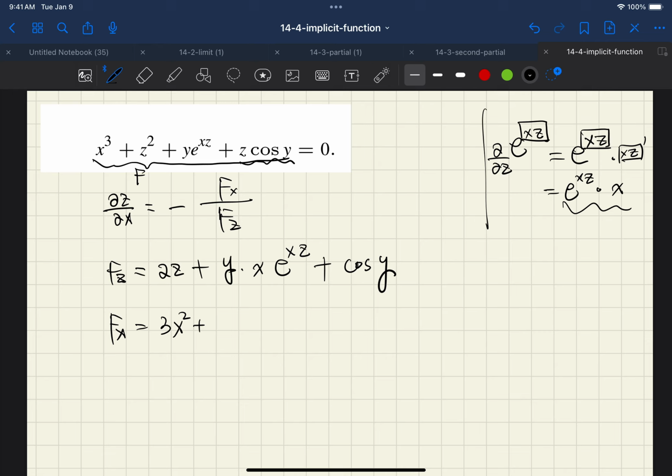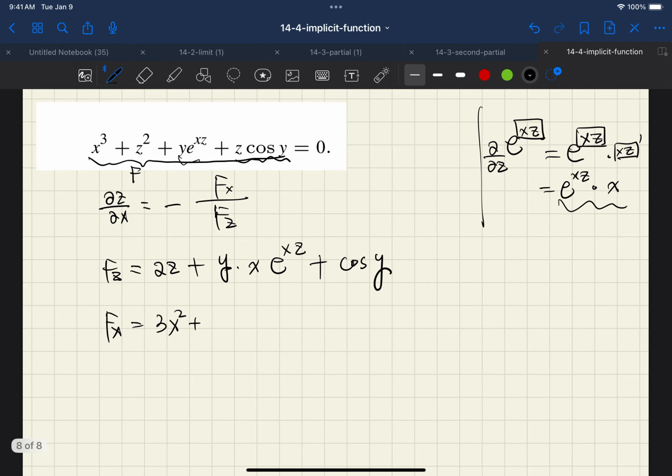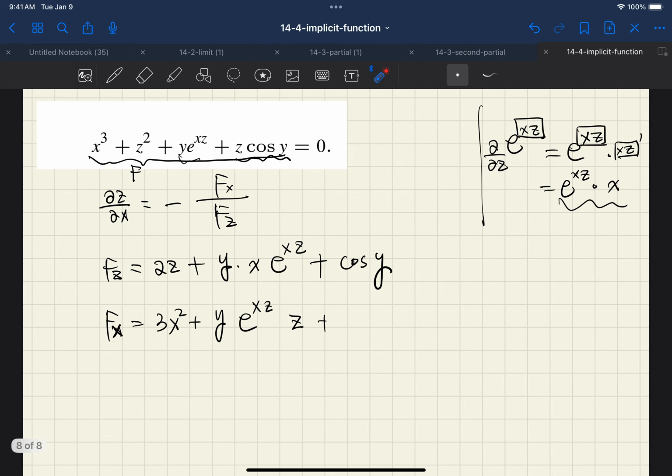When we take this with respect to x, we can just consider this as constant, so z squared. Plus, for the third term, y is constant and z is constant, so we have y times e to the xz and xz prime. Now, prime means with respect to x, which gives z. Plus the last one has nothing to do with x, so this is basically 0.